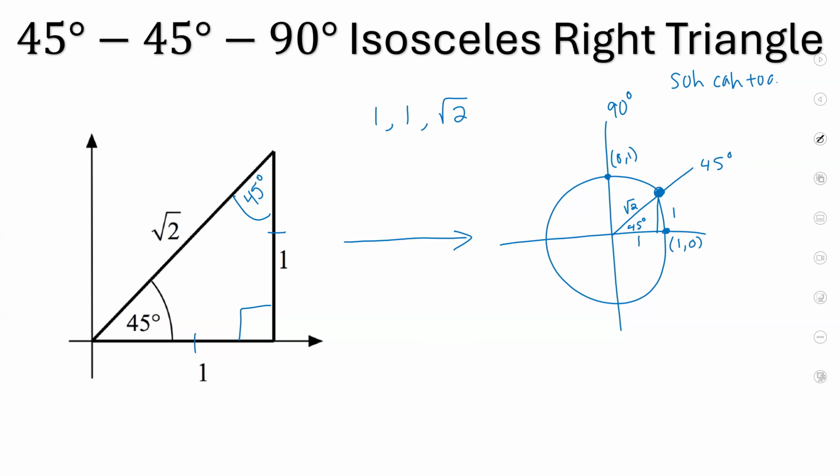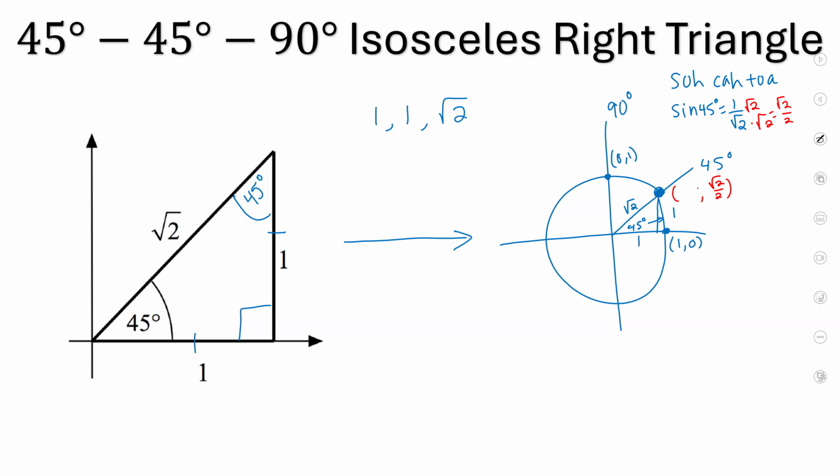Remember, sine of 45 degrees is the opposite over hypotenuse. Well, the opposite is always the y value, which is 1, and the hypotenuse is square root of 2. Now, we never keep a square root in the denominator. So that means it's square root of 2 over 2. That is the coordinate of the y value, square root of 2 over 2.